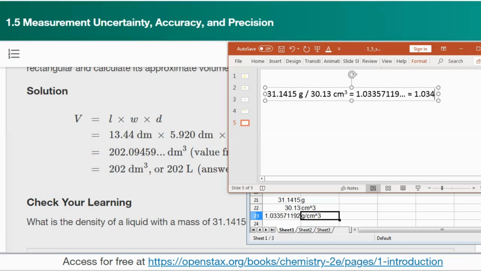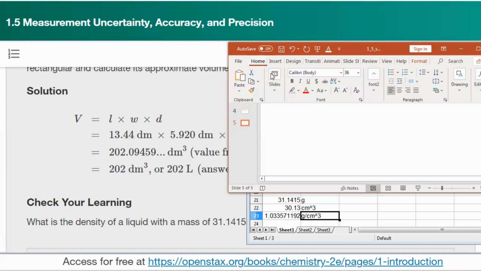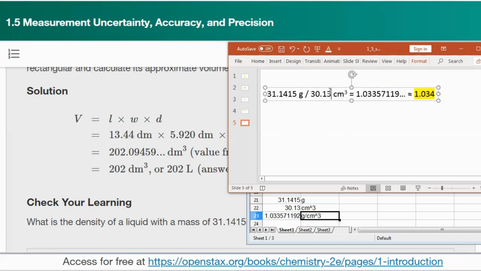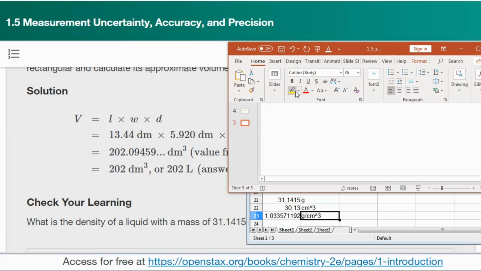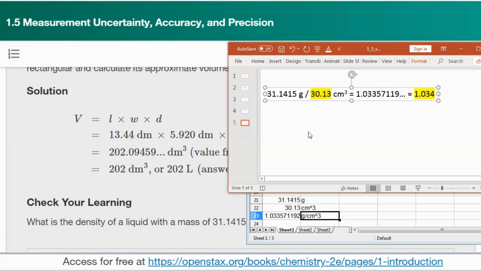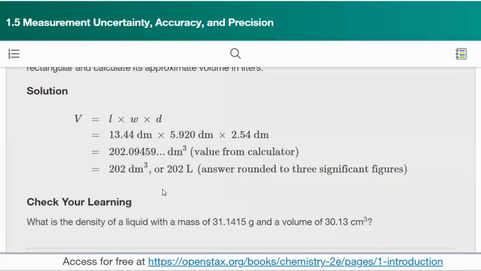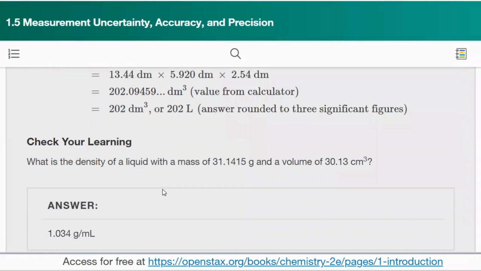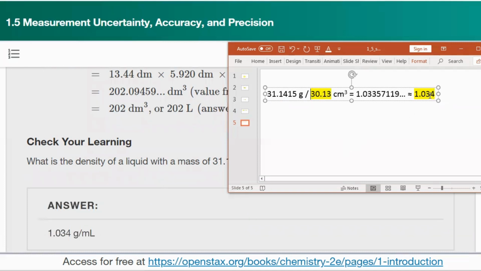So this should be a 4. And let me highlight the important figures here. So let's check your learning. The answer is, oh, and I need to put the right units. That would be grams per cubic centimeter.